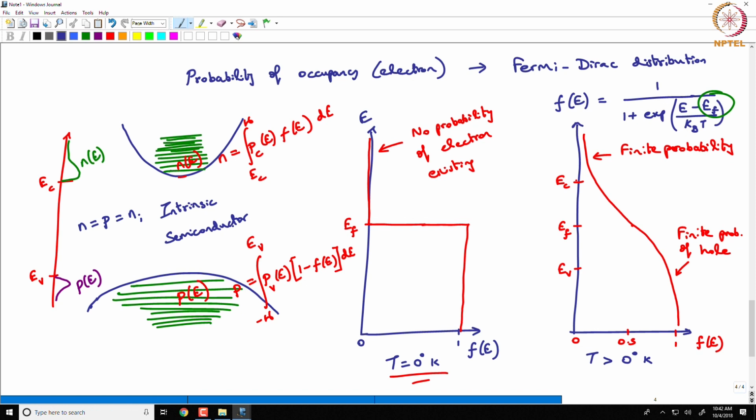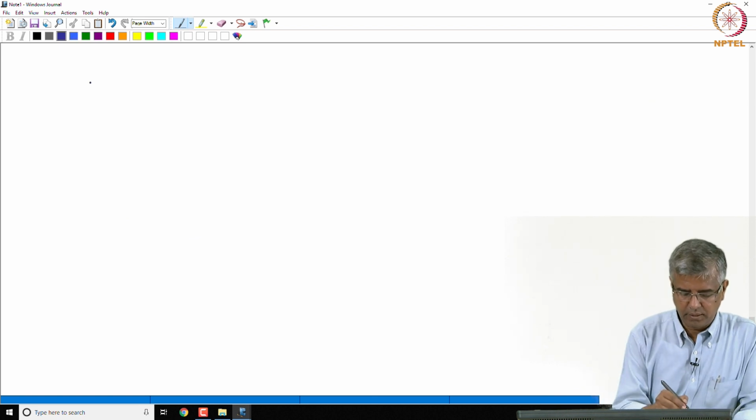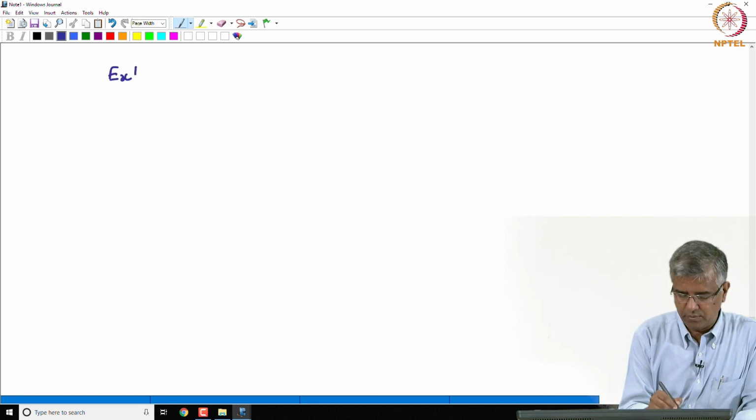Let us say silicon, for example, without any doping, or gallium arsenide without doping, will have equal number of electrons as there are holes in the system, and so N equal to P equal to Ni. Okay. Now, interesting things happen when you have dopants added to this system. Okay. So, you have what is called extrinsic.